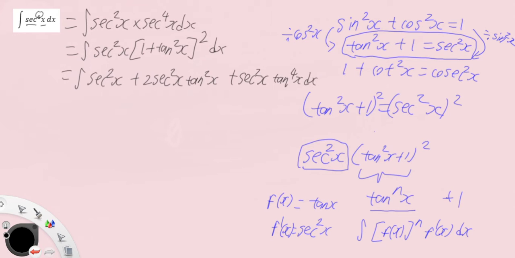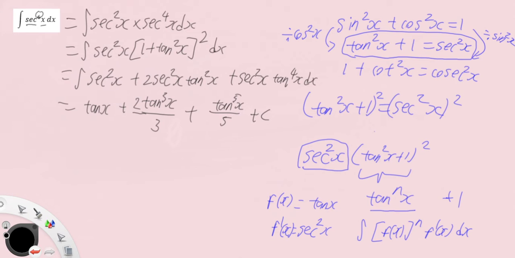Alright, and you notice, first term, very simple, integrate secant squared will give us tangent x. Second term, we have tangent x raised to the power of 2, and we have the derivative, so it's simply tangent cubed x over 3, and because we have the constant 2 in front, we have 2 tangent cubed x over 3. Last term, tangent x raised to the power of 4, so we get tangent x raised to the power of 5, divided by 5. And don't forget the man, the myth, the legend, plus c.